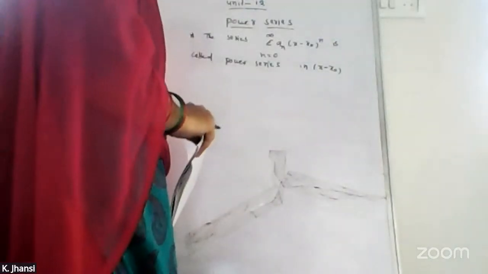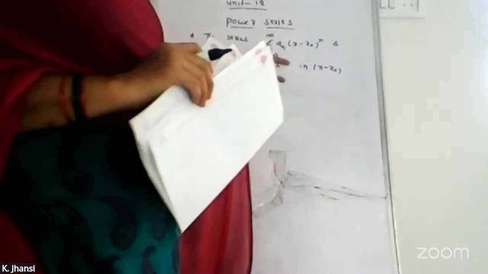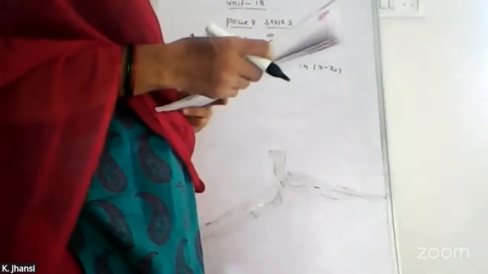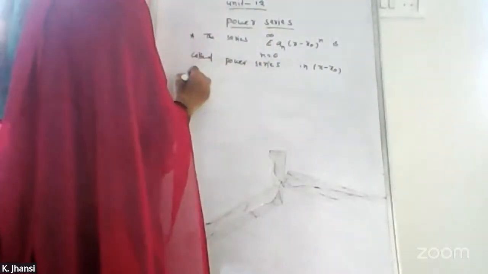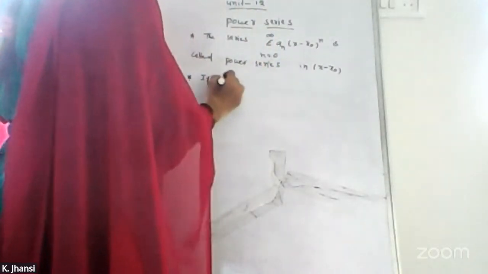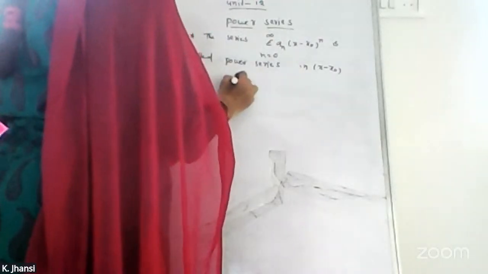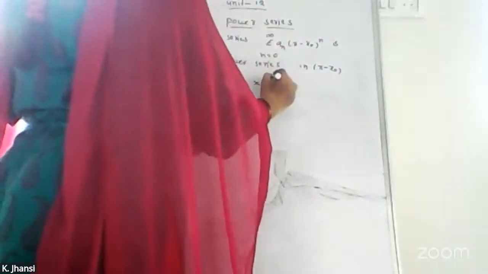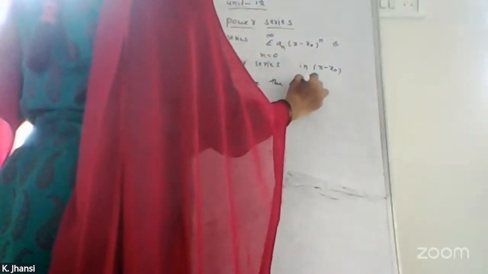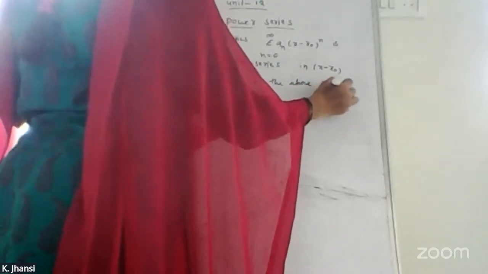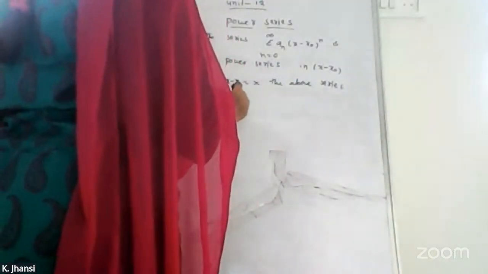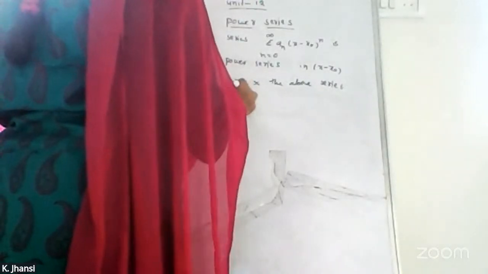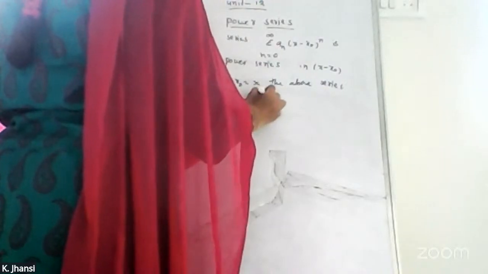Okay, so the representation of power series will be in the form of summation n equals to 0 to infinity an x minus x naught to the power of n. Okay, if x minus x naught value equals to capital X, then above series we can write it as summation n equals to 0 to infinity an capital X to the power of n.